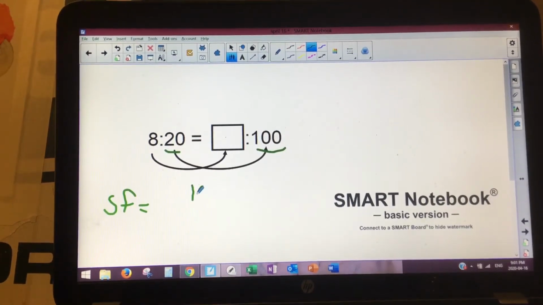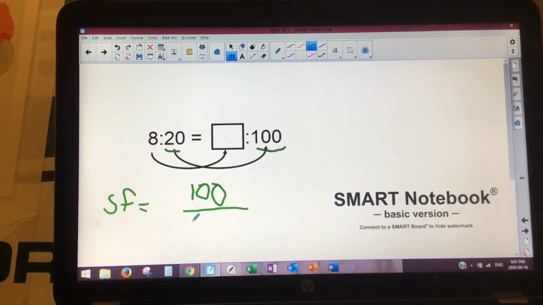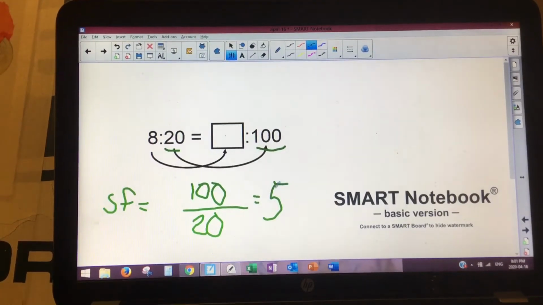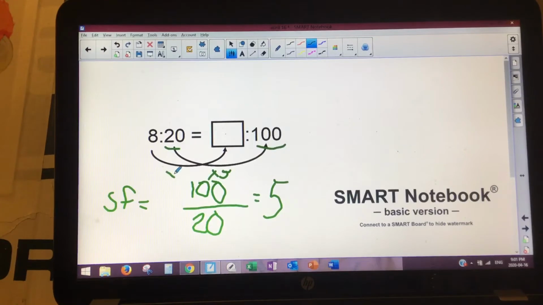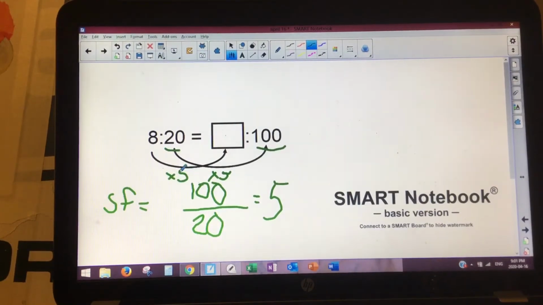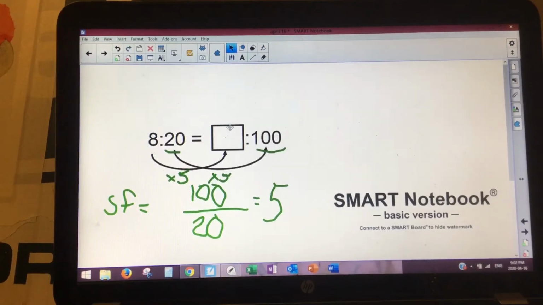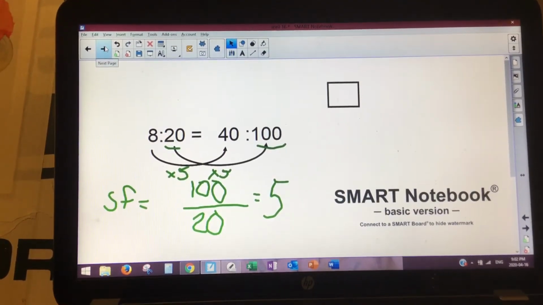So to find the scale factor, if we did 100 divided by 20, we get 5. So we know that 20 got multiplied by 5 to become 100. So the same thing will have to happen to my 8. So 8 times 5 will be 40. Okay, so that's a little review.